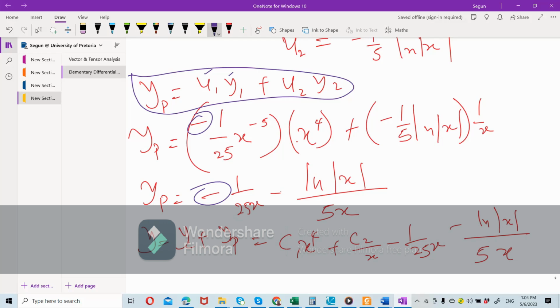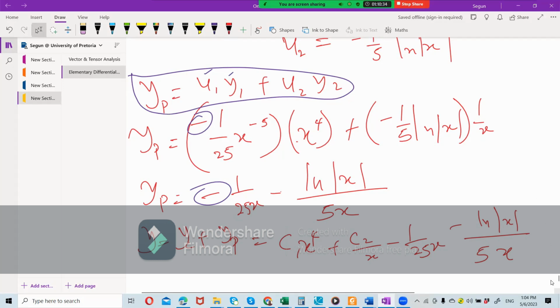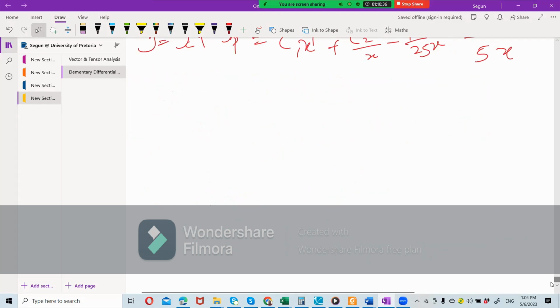Any question from any quarter, please? I'll give you a question now, and I will ask you to solve it using the same method. y double prime plus 4y equals x squared. Someone says the method is very lengthy. It's because I'm explaining it to you.